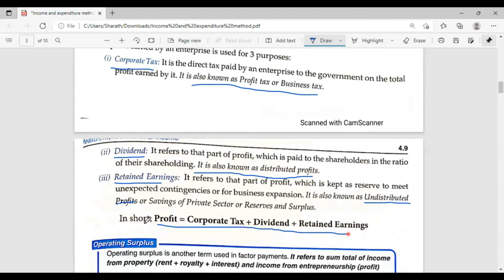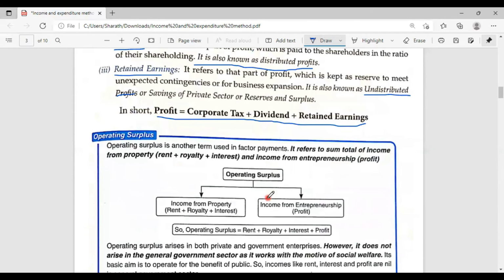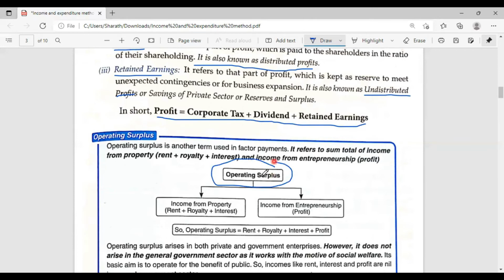We have another component here. We call that operating surplus. If you want to derive this operating surplus, you have to add income from property and income from entrepreneurship. So what could be income from property? Rent, royalty, and interest.